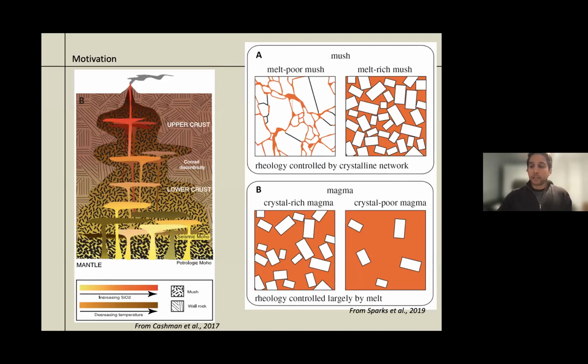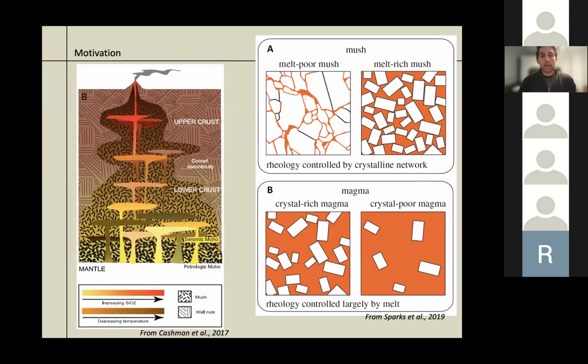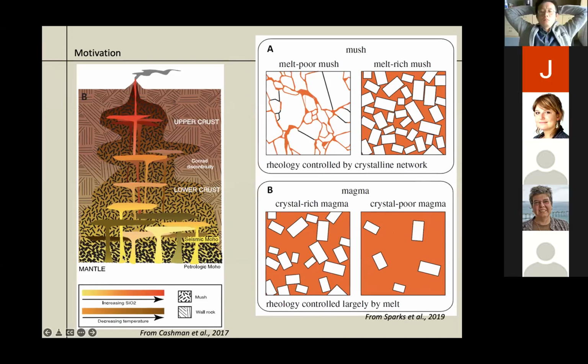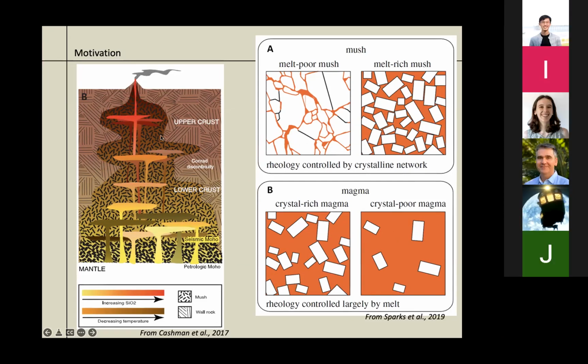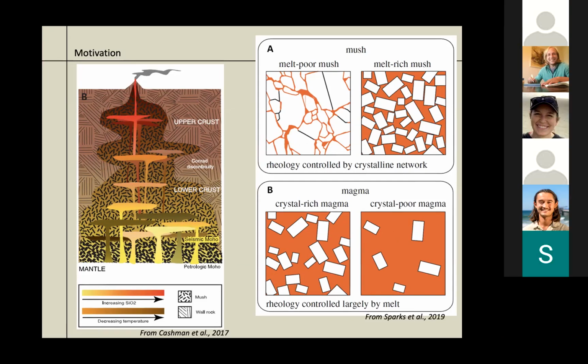So the motivation here is that we're using geophysics to try to image magma systems in the subsurface. And specifically, I'm focused on very silicic or rhyolitic systems that tend to be more explosive and larger eruptions that are more hazardous. And we can have lots of different conceptual models of what the distribution of magma is like underground.